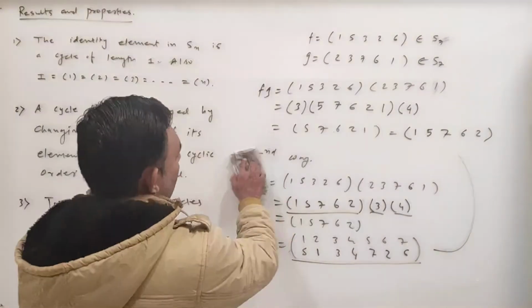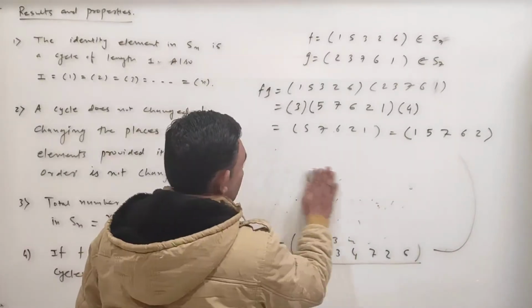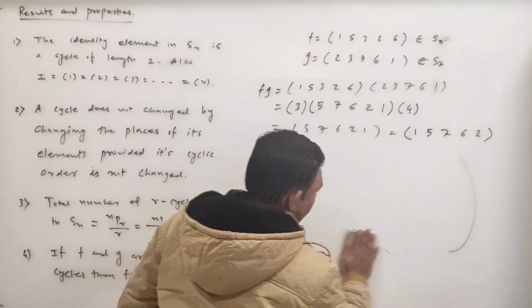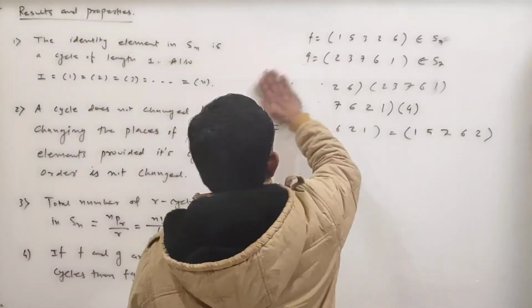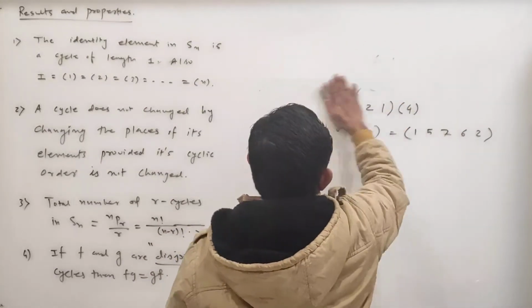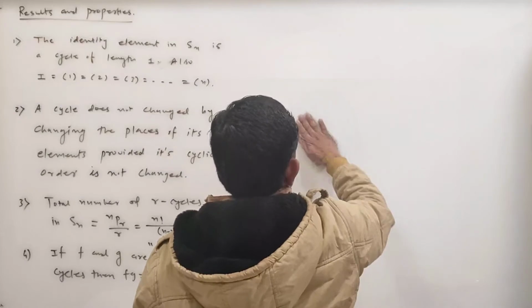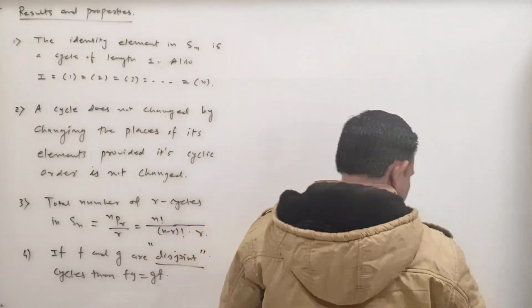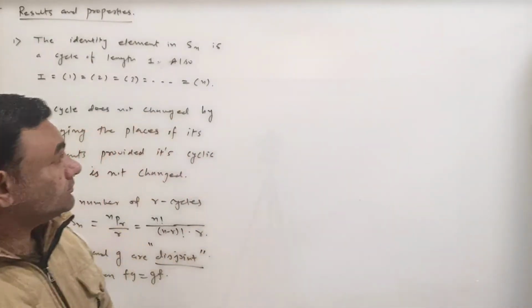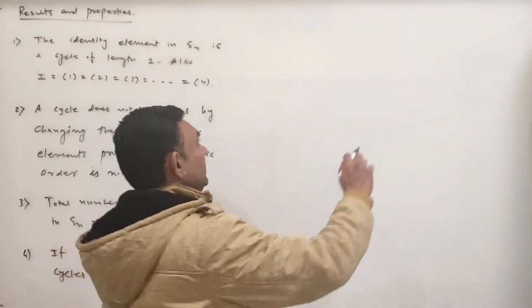Now we also know how to find the inverse. इनवर्स कैसे निकालना वो भी हमें पता है, राइट. So let us find out the inverse of a transposition. ट्रांसपोजिशन का इनवर्स क्या हो सकता है?